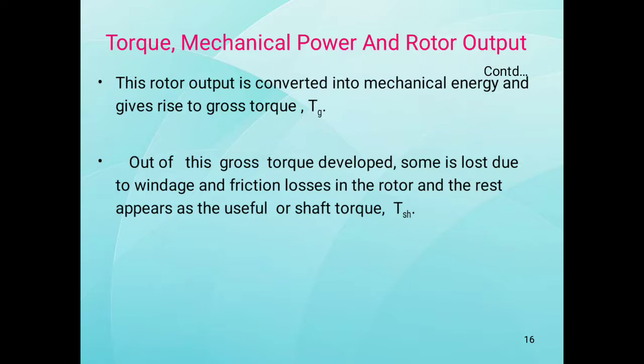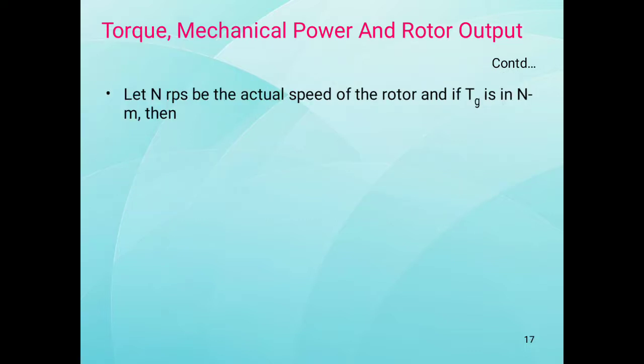Out of this gross torque developed, some is lost due to windage and friction losses in the rotor, and the rest appears as the useful or shaft torque TSH. Now here n is in RPS, the actual speed of the rotor, and Tg is in Newton meters.